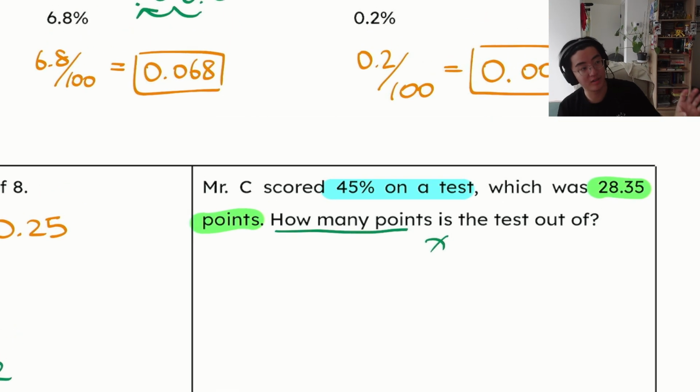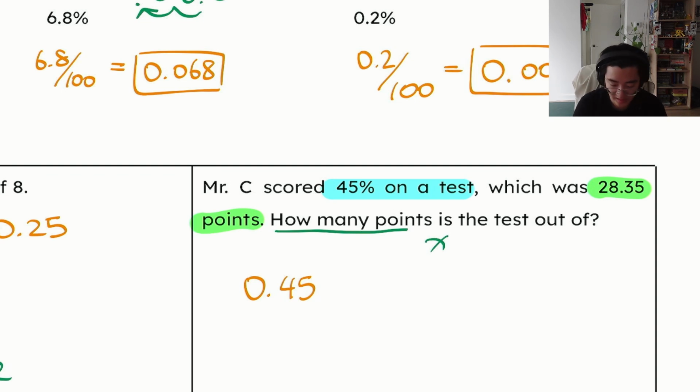We want to know how many points the whole test is out of. Mr. C only scored 45% on the test, which means that 45%, in decimal form, is just 0.45. So 45% of the test is 28.35, which means that 0.45 times x, which is total points, is 28.35.